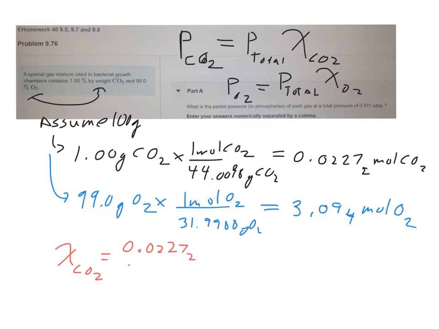0.02272 divided by 3.094 plus 0.02272. That's a 0 there, by the way.